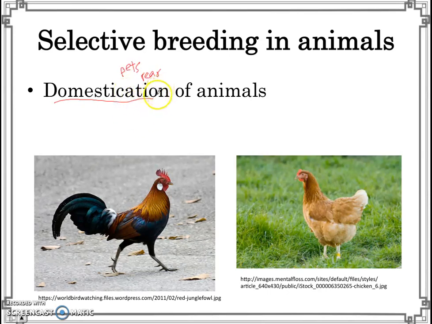All you had was wild cows and wild chickens like these, which look very different from the chickens that we breed on our farms now. So how did that happen? Well, people think that originally there were all these wild chickens, and people would selectively breed those chickens with maybe smaller and smaller wings or shorter and shorter legs to get the domestic chickens that we have today.